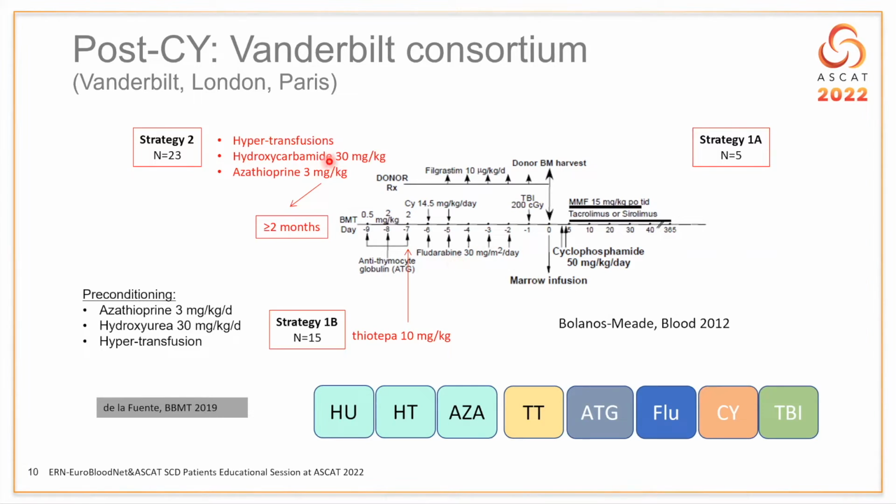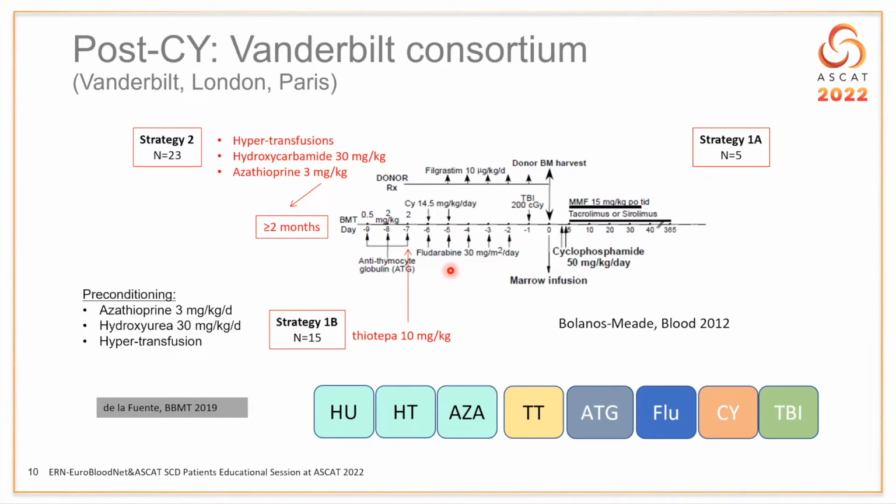We have to prepare our patients very carefully. They have to receive a hypertransfusion regimen for at least 2 months before the transplant. They must receive hydroxyurea for at least 2 months before the transplant, and in addition, they must also receive an immunosuppressive treatment before the transplant.